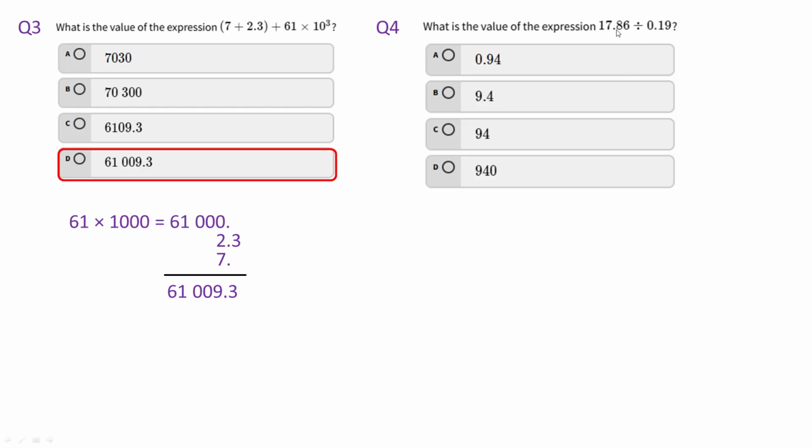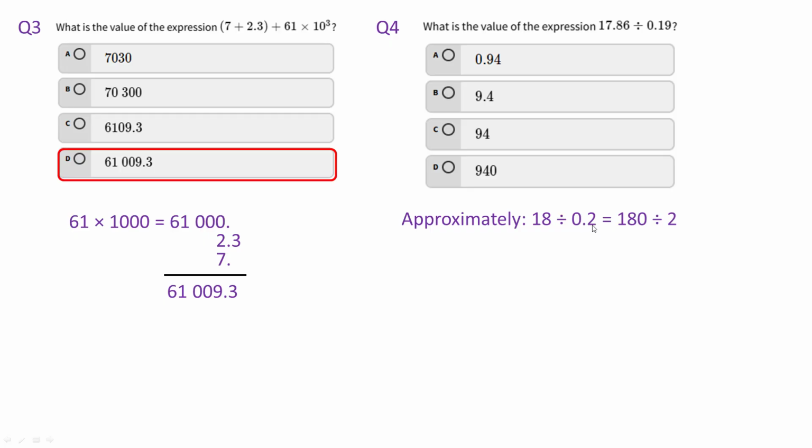So this is approximately about 8 divided by about 0.2. If you round those to numbers that you can work with more easily, it's about 18 divided by 0.2. I'm going to show the actual division here. When you divide, instead of dividing by a decimal, you move the decimal over.